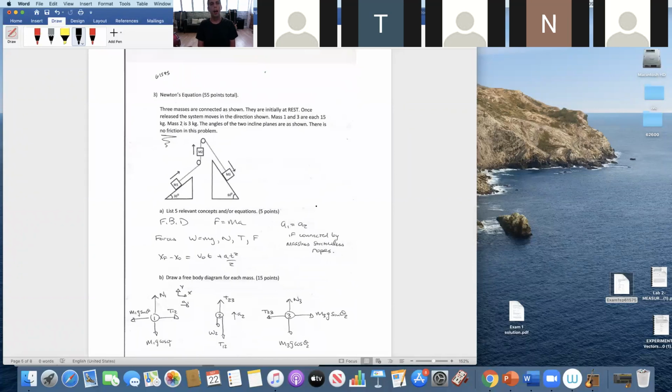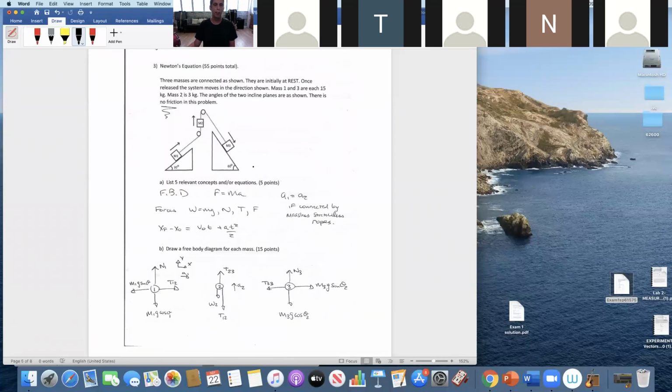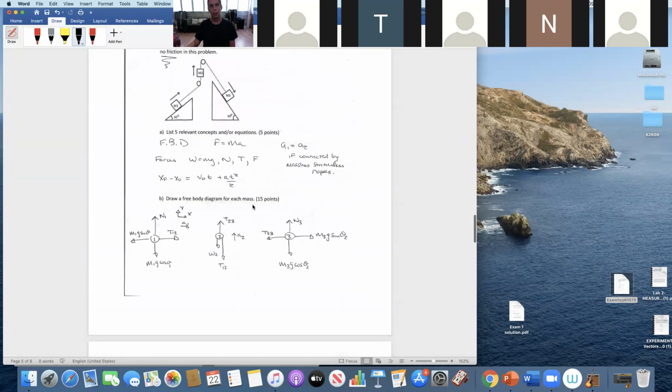All right, so this one isn't much different than the first one on exam 1, where we have 3 different blocks, except 2 of them are now on inclines. Remember that this is mg sine, the weight in the x direction. This you should be able to do pretty fast.